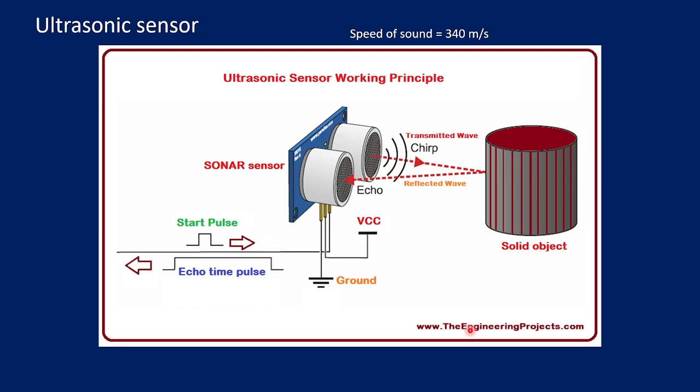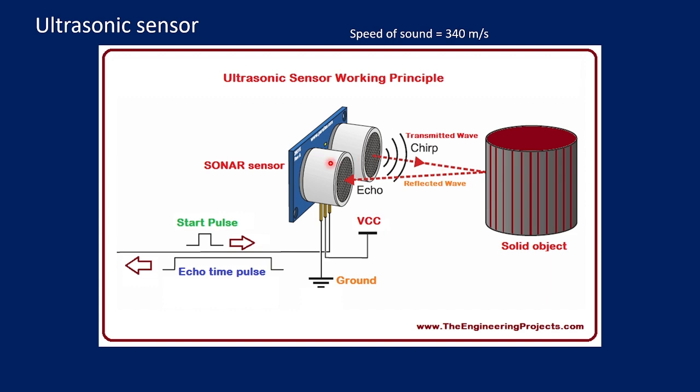Okay, so we will consider one example of how a sensor produces electrical signals. One is called the ultrasonic sensor. This uses the principle of sending sound signals. There are two parts in this ultrasonic sensor. One part will send a signal and the other will detect the signal.